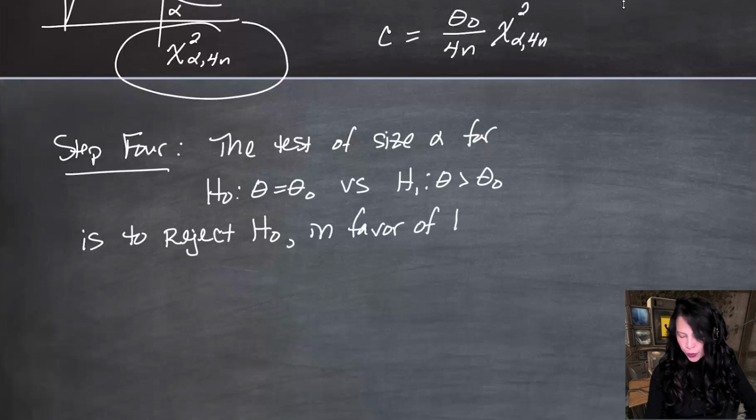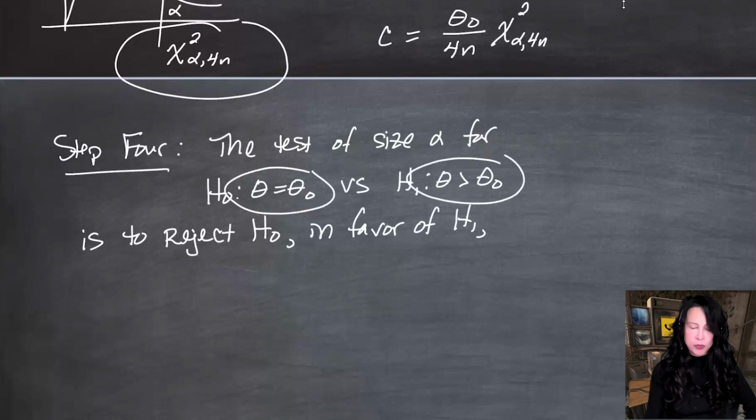It's important that you write that part because you'll notice that we have not covered the entire parameter space. So what happened to the theta less than theta naught? We're not considering that. We're assuming that this null hypothesis is true, and we're rejecting it in favor of this alternative if our MLE is kind of large.